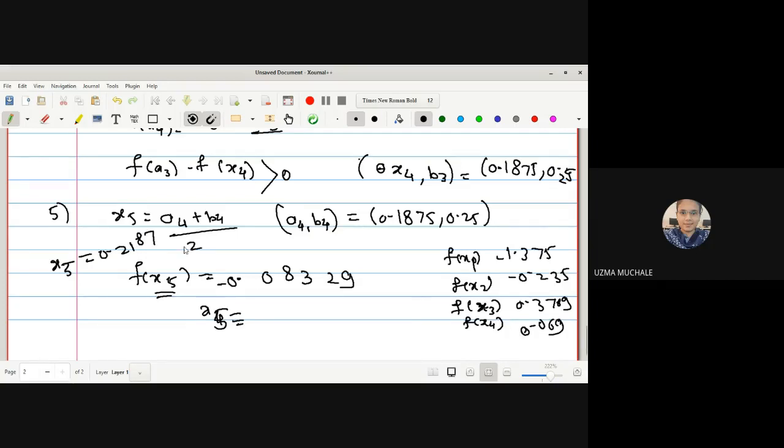Okay, now x5 is equal to 0.2187, that is the fifth approximation. From x1, x2, x3 up to x5 we have calculated 5 iterations, and hence we can say this is the approximate root of our equation. Okay.